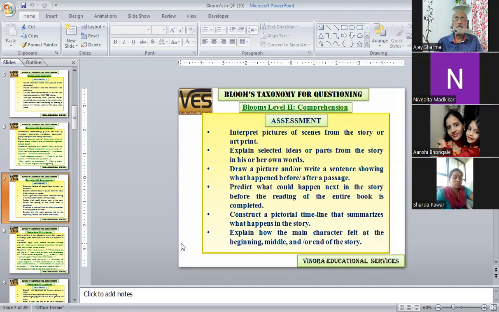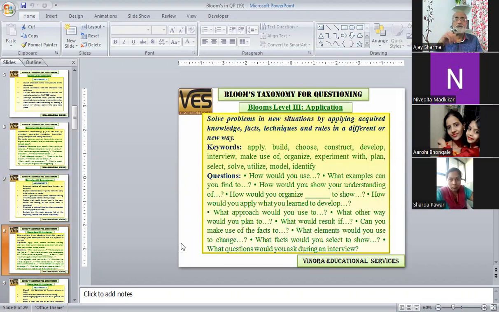Next, third is application. You have now done two parts: first is knowledge, second is comprehension. Now, application. Now, two levels of taxonomy: the lowest level is knowledge, the second level is comprehension. Now the third level is application of those two things.